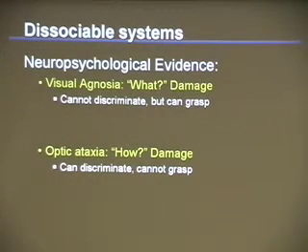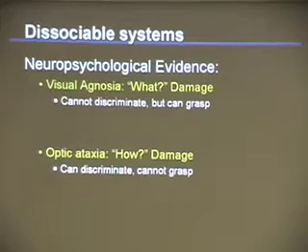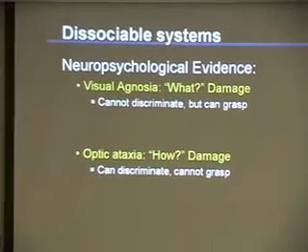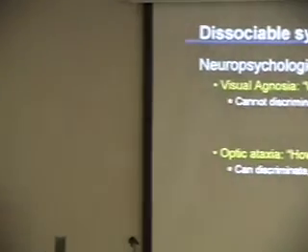If we go back to this idea of the two visual systems, there's evidence from a number of different domains that support dissociable systems. One line of evidence comes from neuropsychology, which has shown double dissociations between two types of patients. One is a visual agnosia patient who has damage to this what system, a lesion in the occipital temporal region, and has functional deficits in discriminating simple objects.